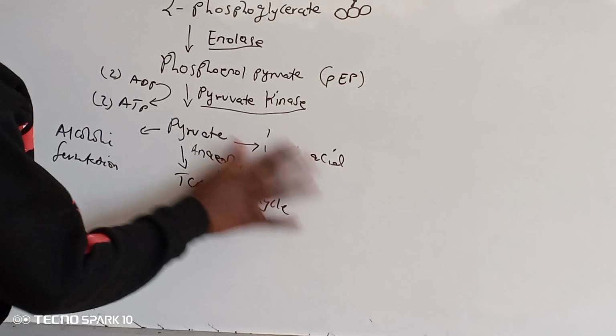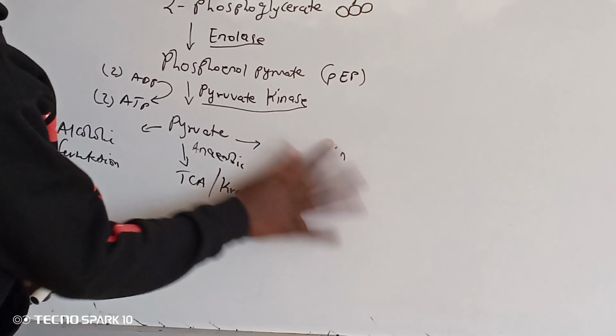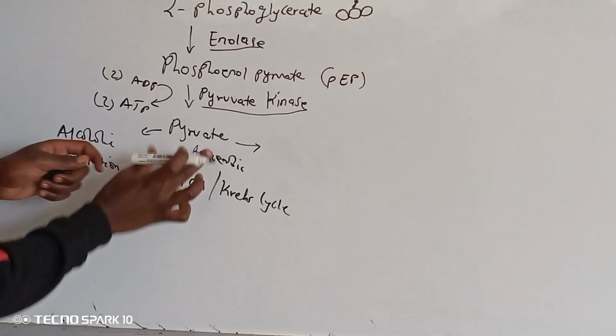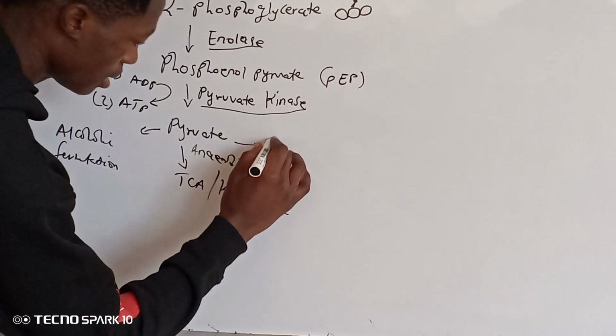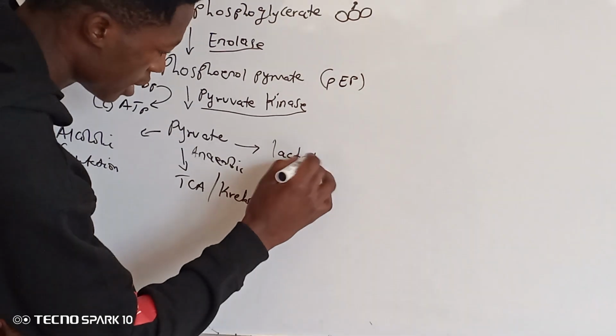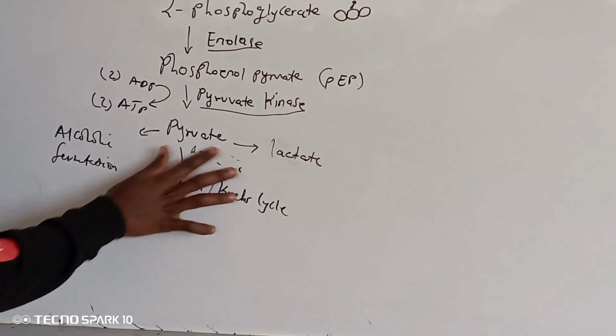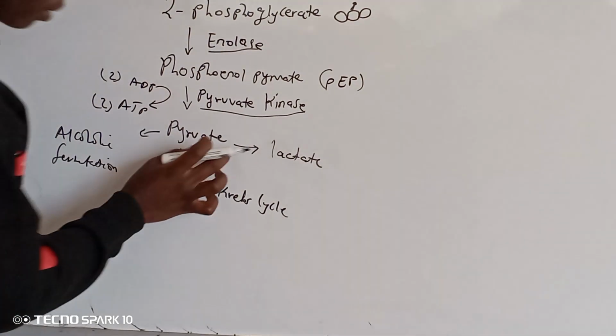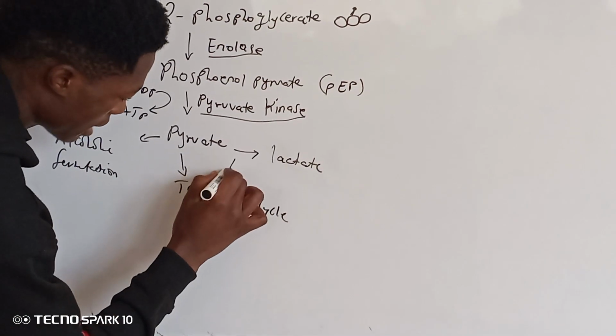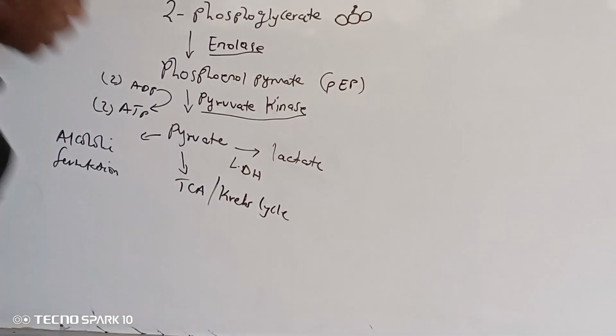Now, there's something I want to show you. Look at this one. When pyruvate is going to be converted into lactic acid, it's going to be converted to lactate. Now, there's an enzyme that's going to come into play. Pyruvate is going to be acted upon by an enzyme called lactate dehydrogenase.